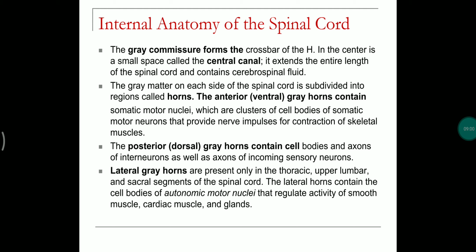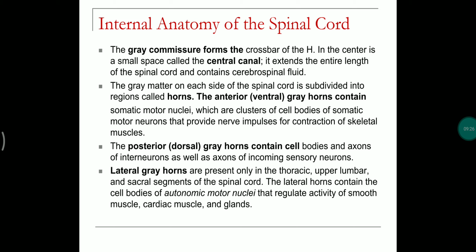And the gray commissure forms the crossbar, meaning in the gray matter there is a connection between left and right which makes the H shape. That is called the gray commissure, and it has a small canal passing through it which contains cerebrospinal fluid.